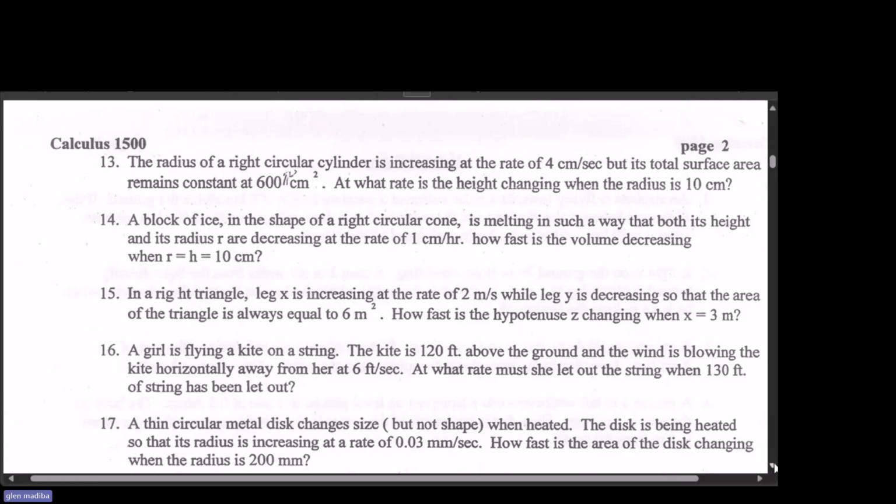Next line says, the disc is being heated so that its radius is increasing at a rate of 0.03 millimeter per second. How fast is the area of the disc changing when the radius is 200 millimeters?